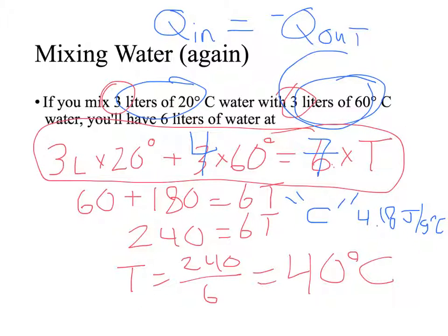What ends up happening is that the C on both sides of the equation disappears. They cancel each other out, and that's why we don't have to use C. If the two substances were different substances, then we would have to go through the whole thing with the specific heat capacity and C for each side of the equation, just like we did in the lab with the metal going into the water.